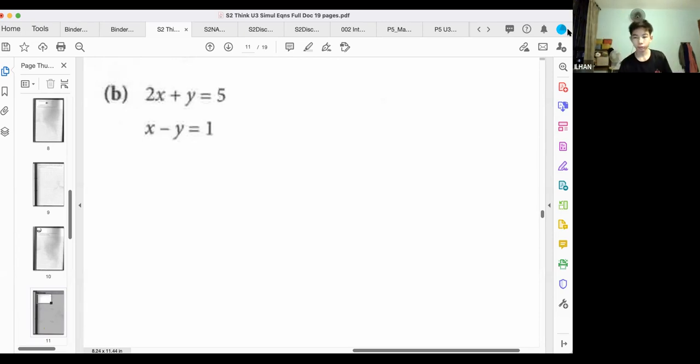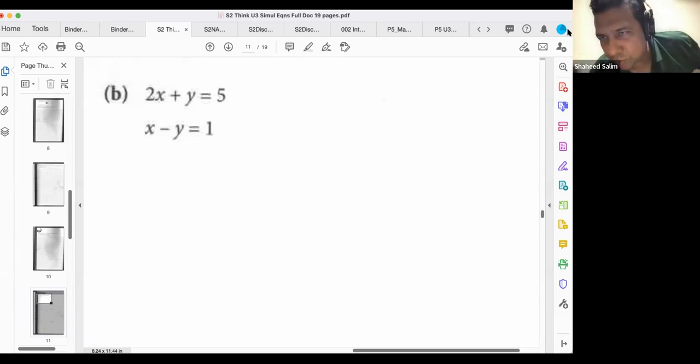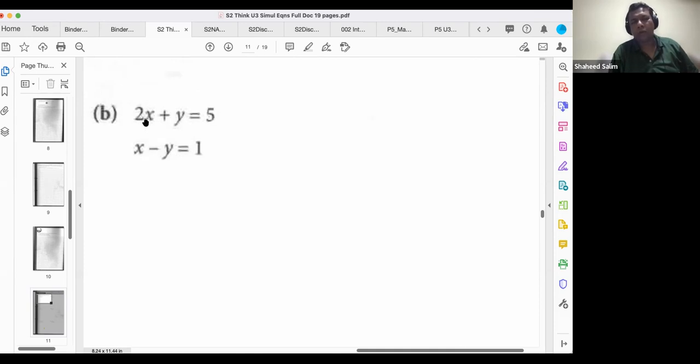I got 2. Well done. x is equals to 2, right? Find what is y. You can put it down here. 2 minus 1 equals to 1. Or 2 times 2, 4. 4 plus 1 equals to what? 5.